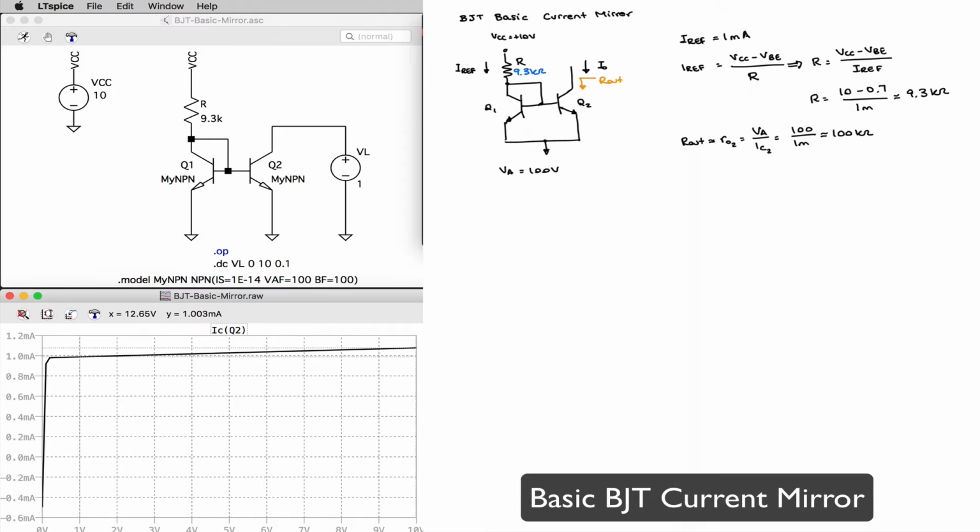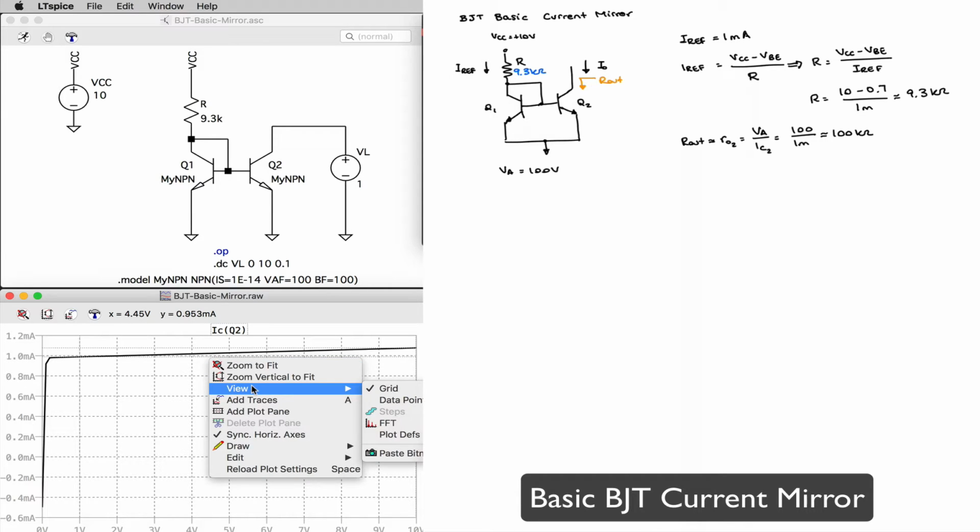I'll measure the delta in voltage as well as the delta in current, and the delta in current over the delta in voltage is going to be this slope over here, and my output resistance will be the inverse of that slope. If you calculate that inverse, you can see that it's approximately equal to 100 kilo ohms. That is what I expect for my r_o for my transistor from the calculation.